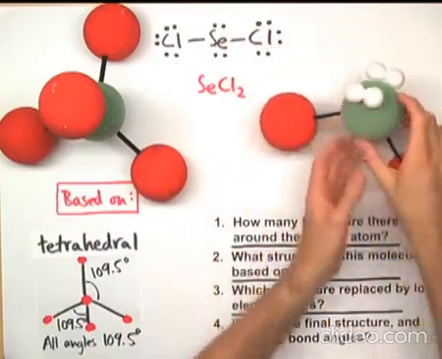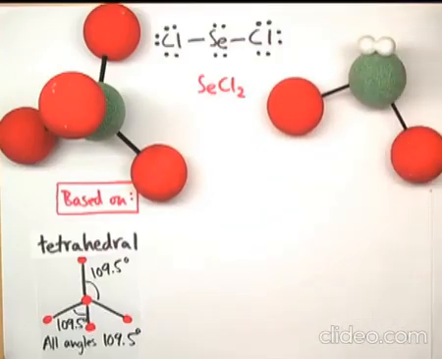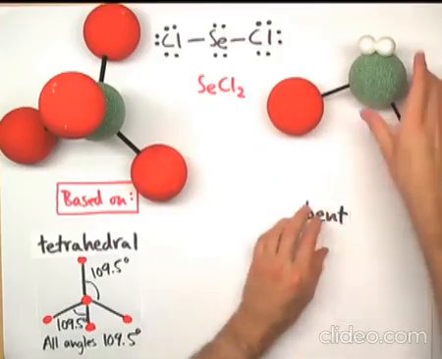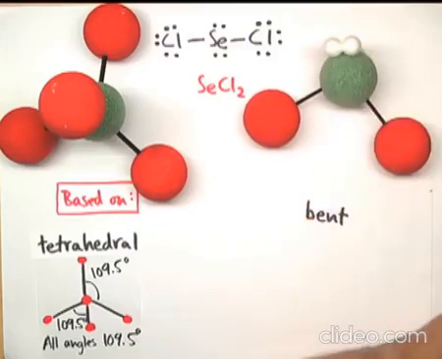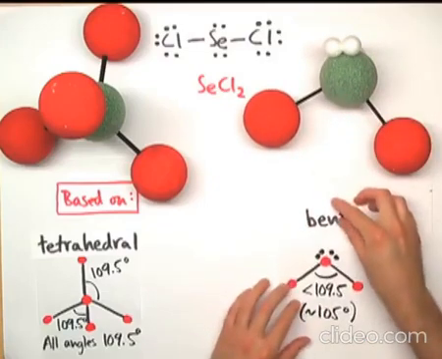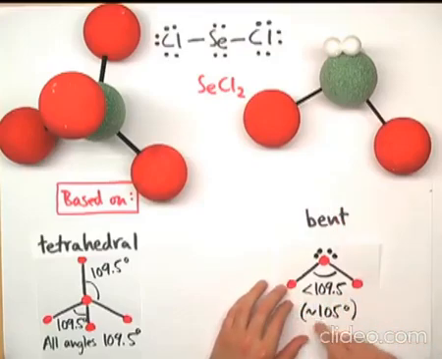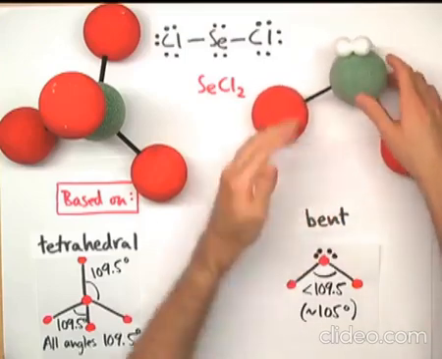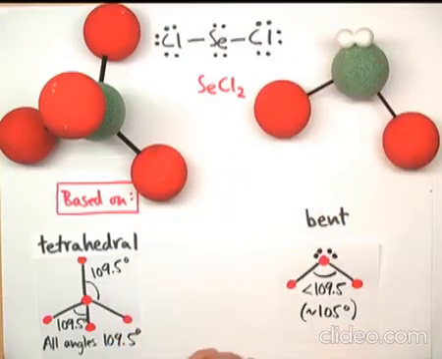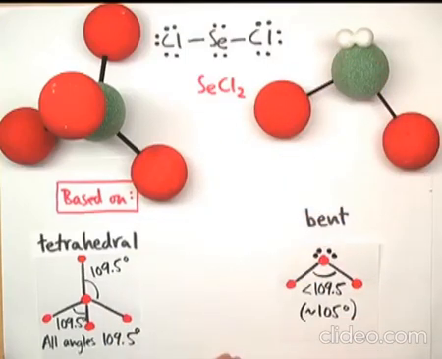And this is also going to give a bent shape. The angles between the atoms in this bent molecule are going to be about 105 degrees, because these lone electron pairs are pushing pretty hard against these 2 atoms. So that's what we're going to get.